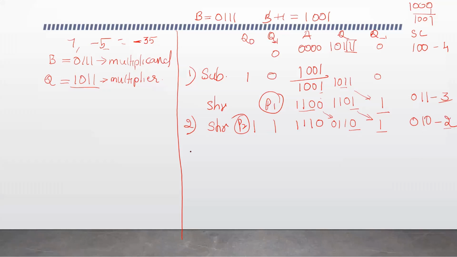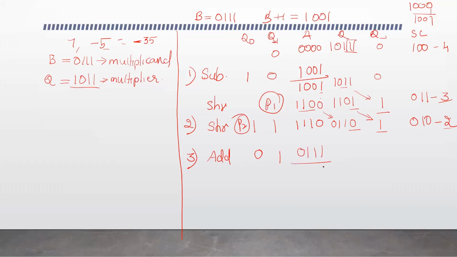Here we decrement SC, so this becomes 0 1 0, that is 2. Now the third step is to check Q naught and Q minus 1. Q minus 1 is 1 and Q naught is 0. Upon encountering 0, we perform addition. So we add B directly, that is 0111.